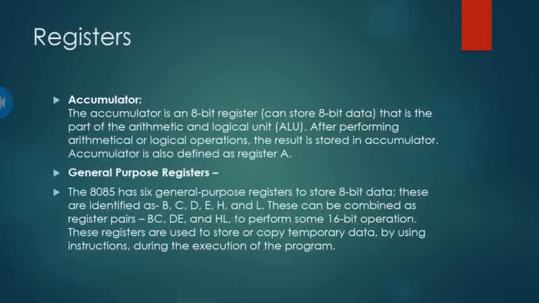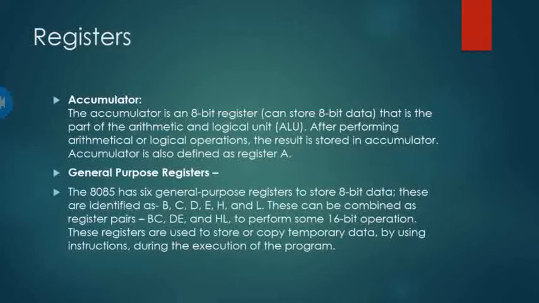After performing arithmetic and logical operations, the result is stored back in the accumulator, and the accumulator is defined as register A. The symbol that we use to denote the accumulator register is capital A. So whenever A is written, it means it is the accumulator register.